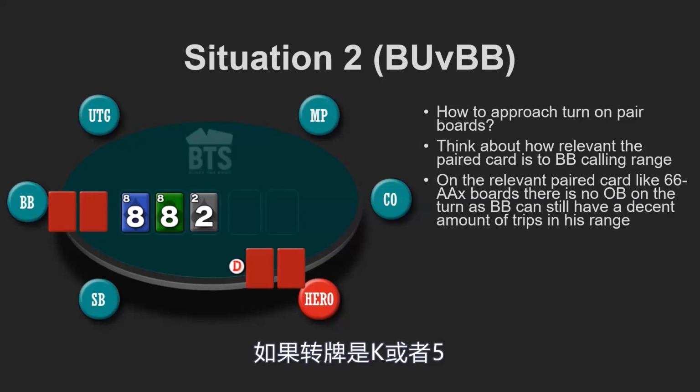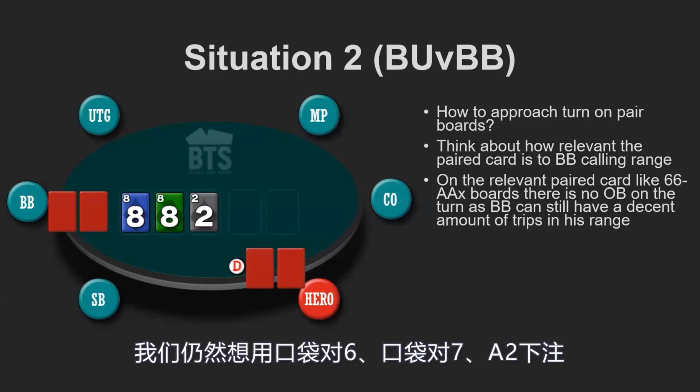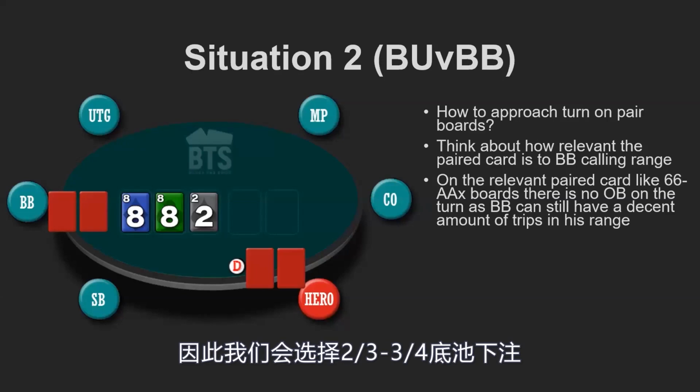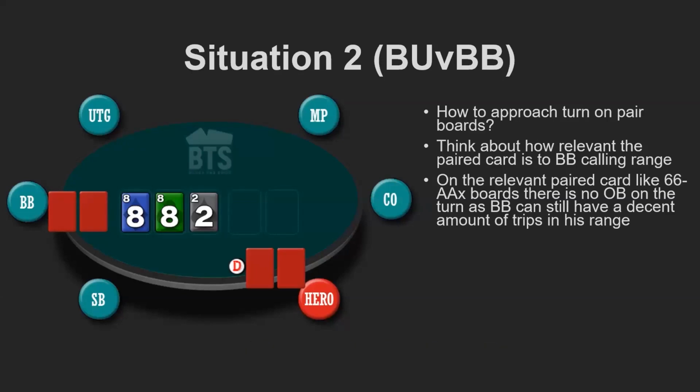So let's say the turn is a king or a 5, for example. We're still going to want to bet hands like pocket 5s, pocket 6s, 7s, 3s, ace deuce, pocket 10s, pocket jacks. We still want to be betting pretty wide, and we also have to acknowledge the fact that he's still going to have some trips. So basically we use a regular 2/3 or regular 3/4 sizing.